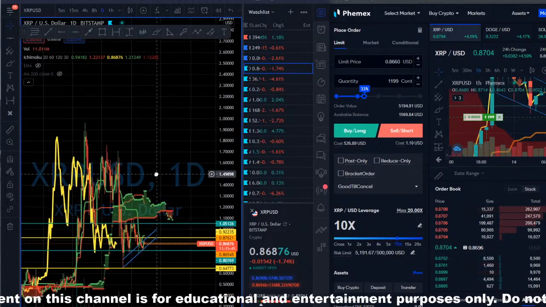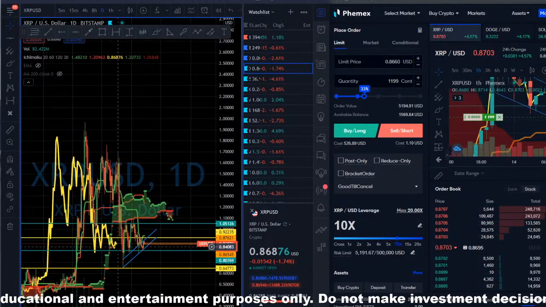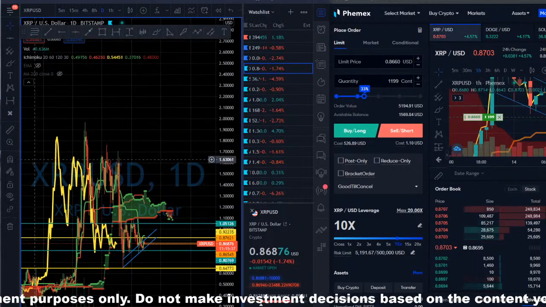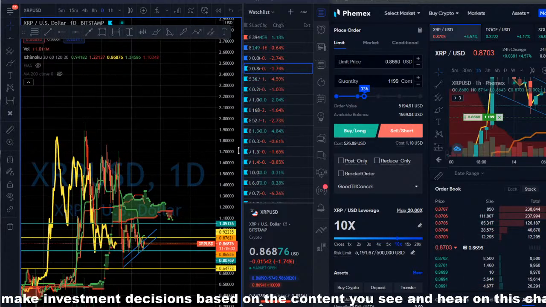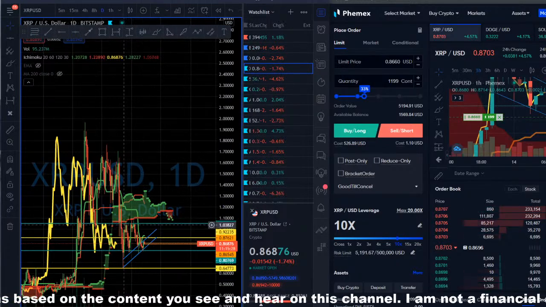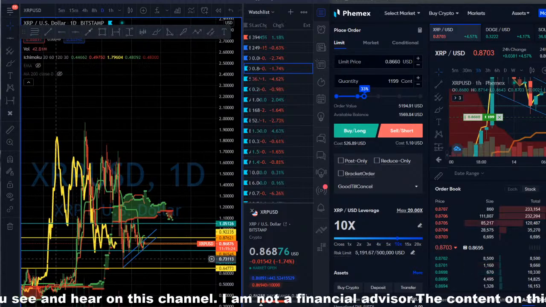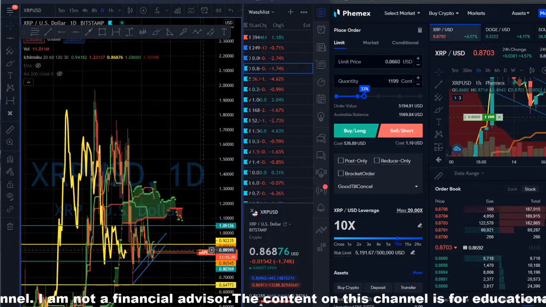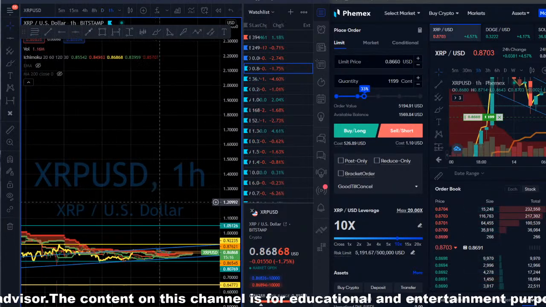XRP has always been a top 3 coin. At one point it was number 1, then number 2, and number 3. But it's just this year, since the lawsuit and everything. But once everything is done, guys, right now it's hard to believe, but you're gonna be surprised.